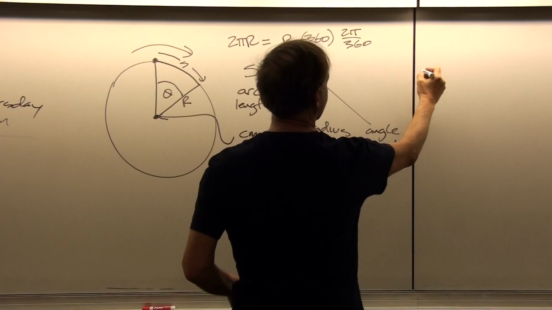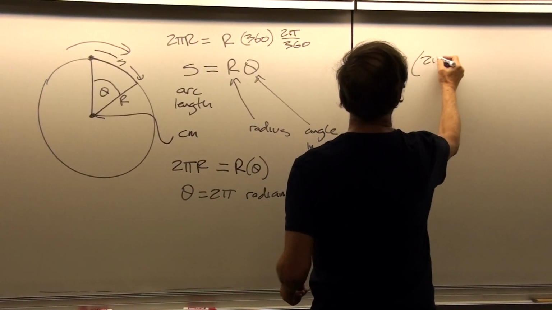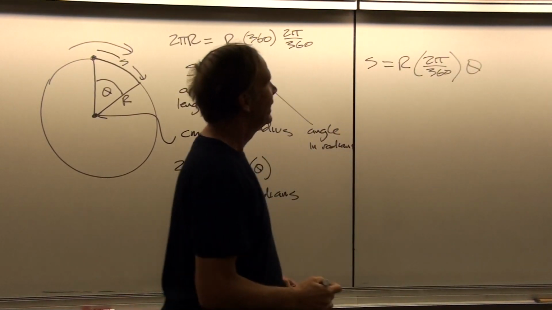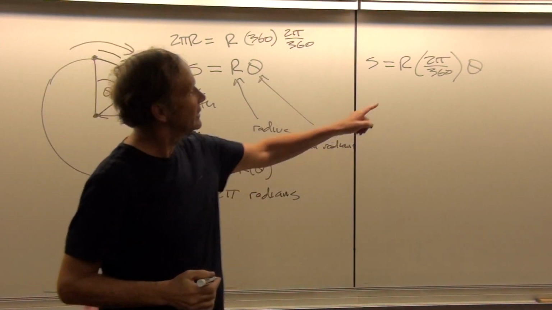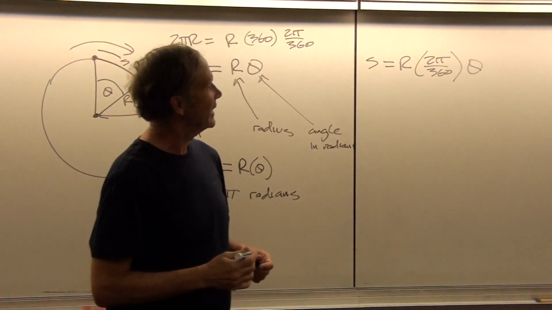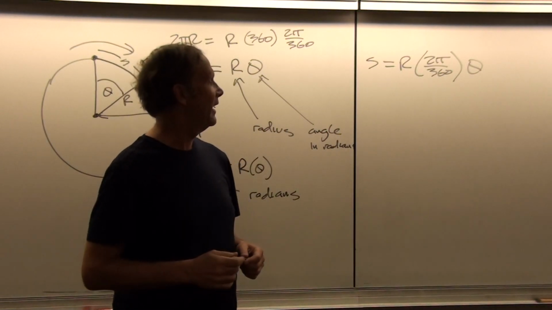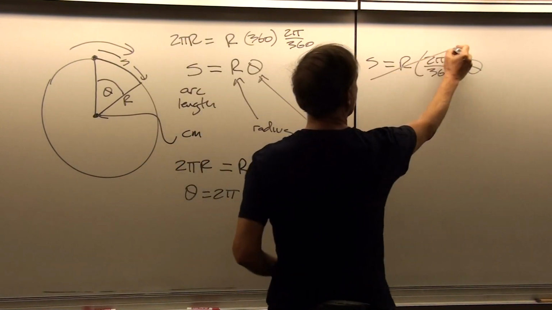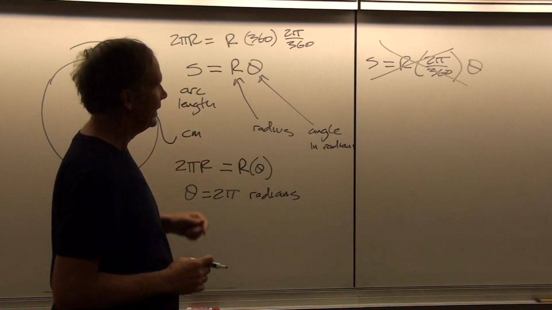So what that means then is that S would equal R times 2 pi over 360 times theta. And so if we wanted to measure theta in degrees, we could do it, but then we would have this kind of obscure conversion factor out in front. And so that's not a natural set of units for measuring the arc length, but radians is.